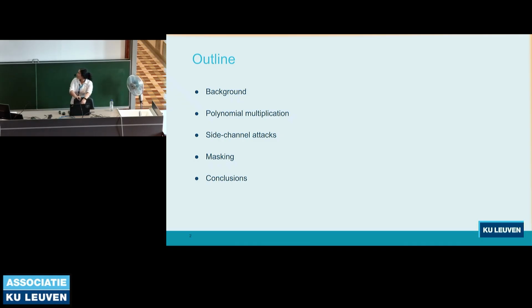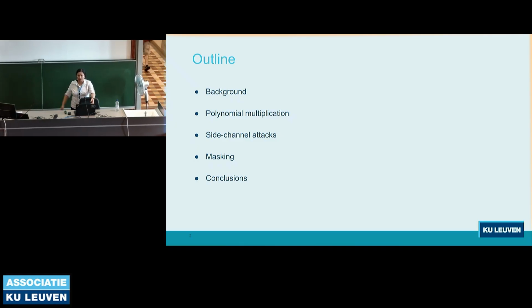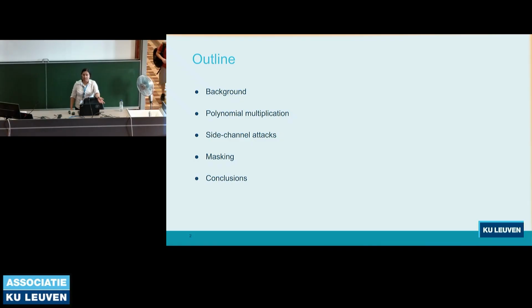Okay, I'll start with the very basic background about post-quantum cryptography. I'll be focusing on key encapsulation mechanism specifically, but the component I'll be talking about is used in many different post-quantum schemes, including digital signatures, and also in FHE and in many places, actually.